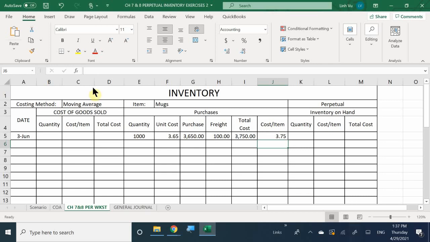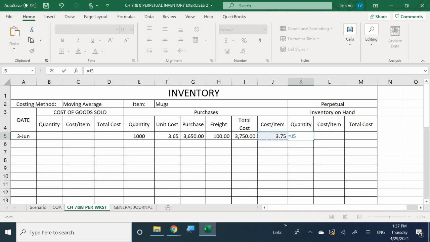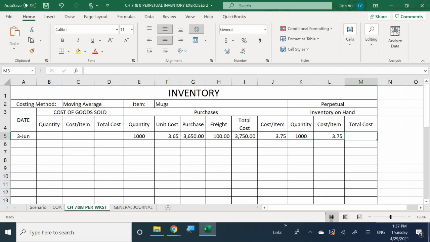Yes. Perfect. Since this is our first batch of inventory, what's the next thing that we've got to do? Log it in. Yep, we've got to place it into our inventory worksheet. And remember, what method are we using? Last in, first out. So this is LIFO.